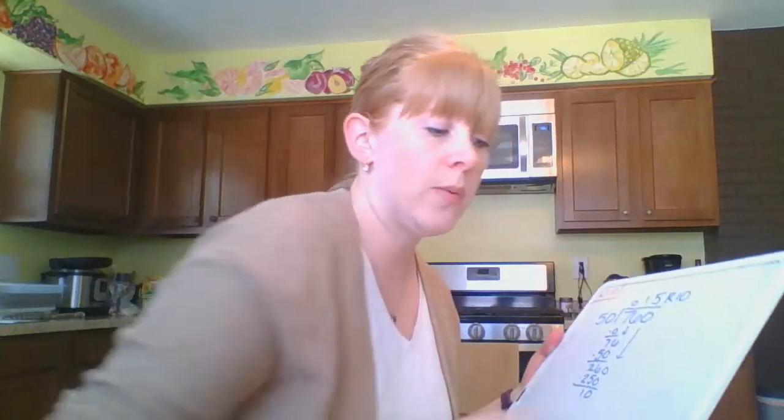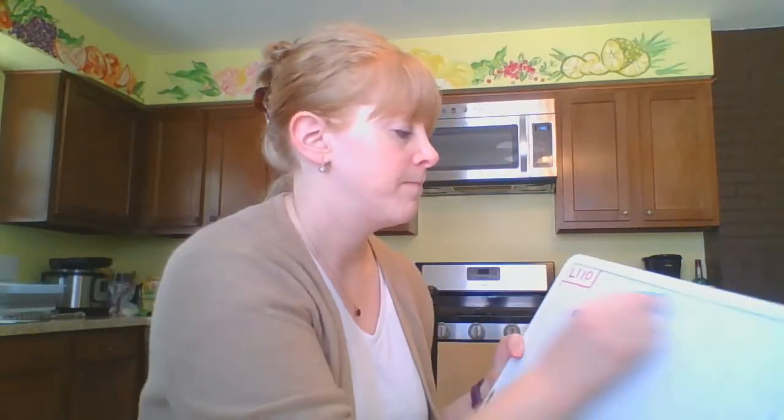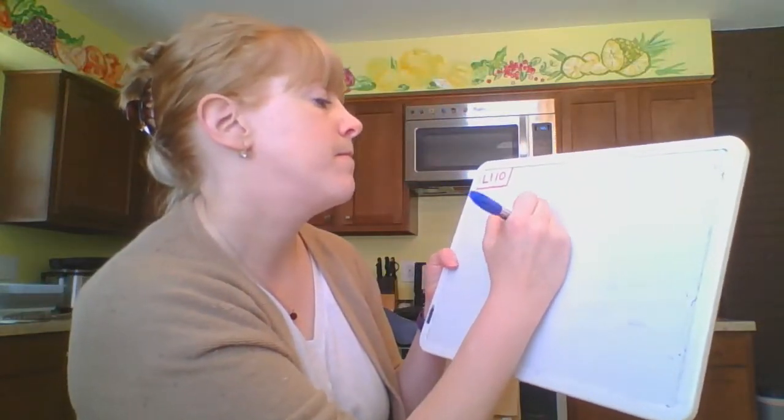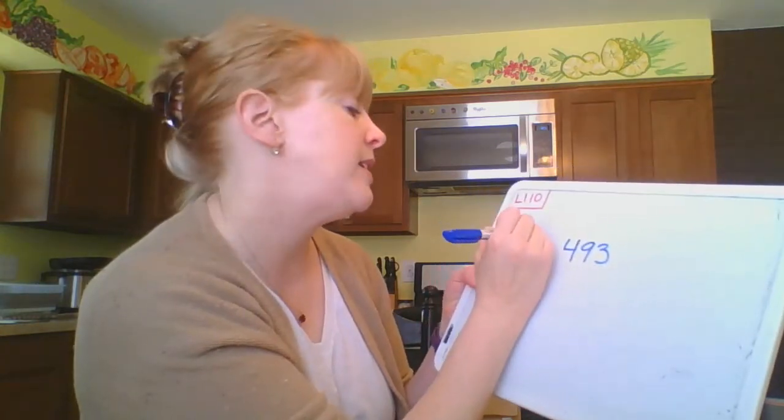Now we're going to do one where we have to have double digits as a placeholder. I should say double 0 because you don't use any other digit as a placeholder, only zeros. So we're going to try 493 divided by 60.